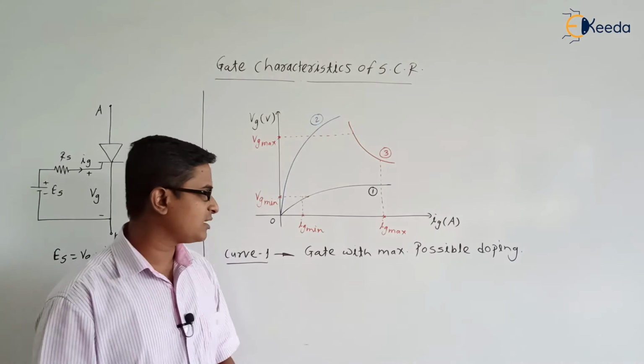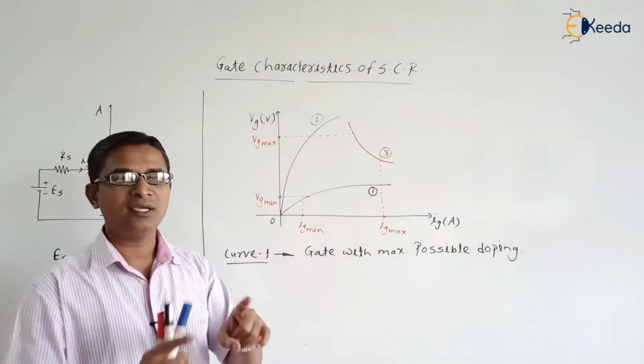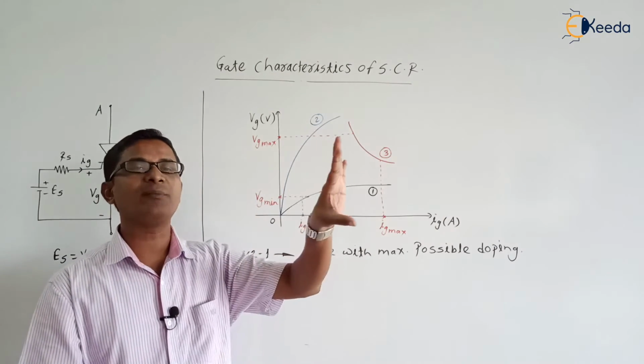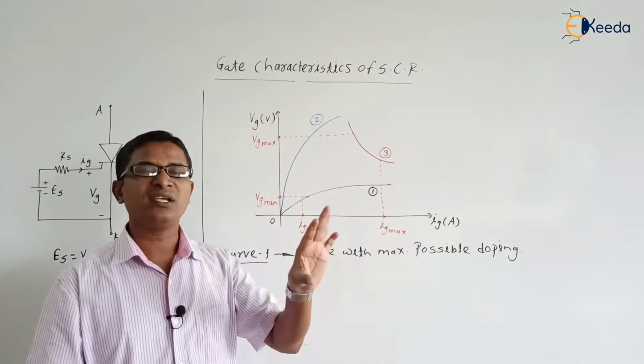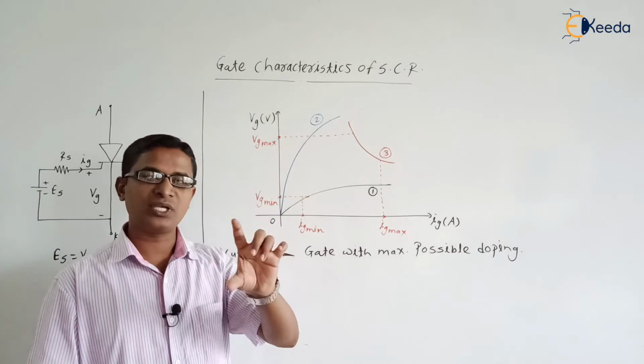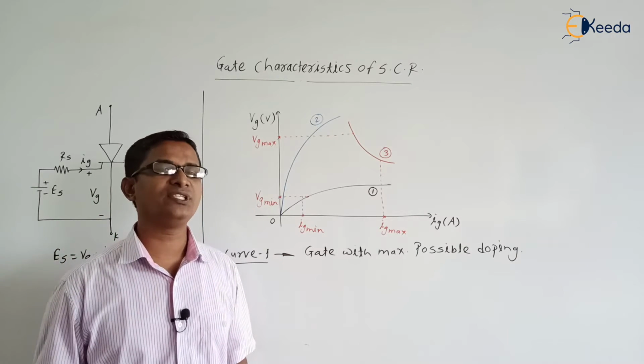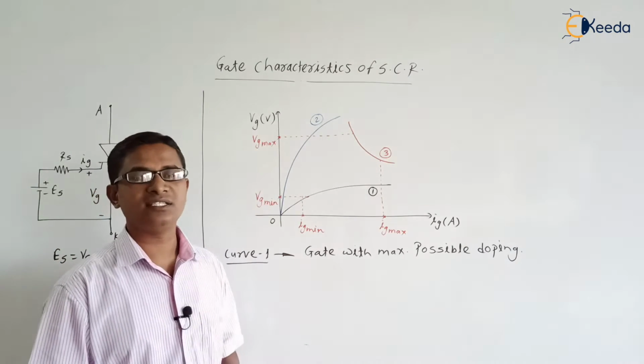That is nothing but the meaning of maximum possible doping. Are you getting the point? Small change in the Vg will cause a very high change in the current Ig.